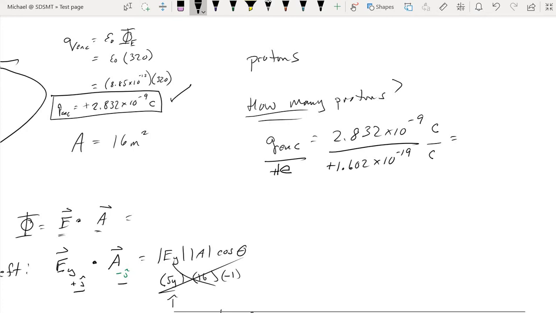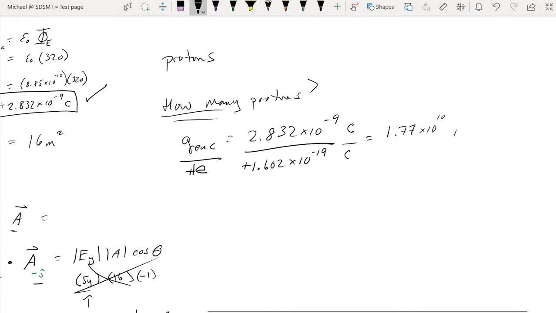So we're going to take our enclosed charge value and divide that by the 1.602 times 10 to the minus 19, which results in approximately 1.77 times 10 to the 10 protons.